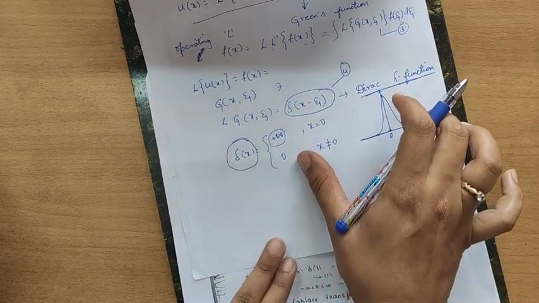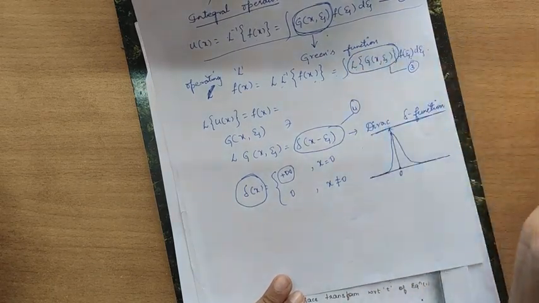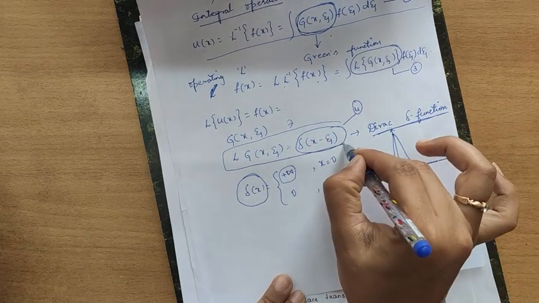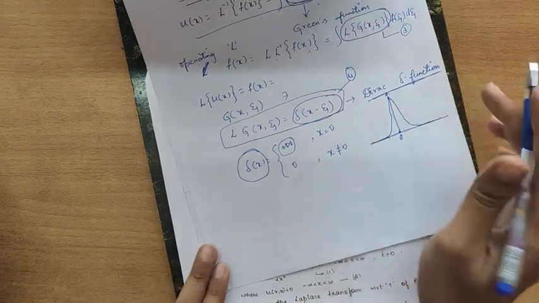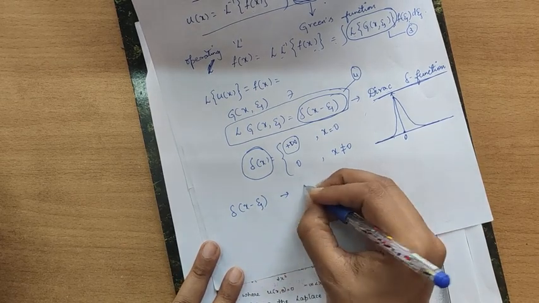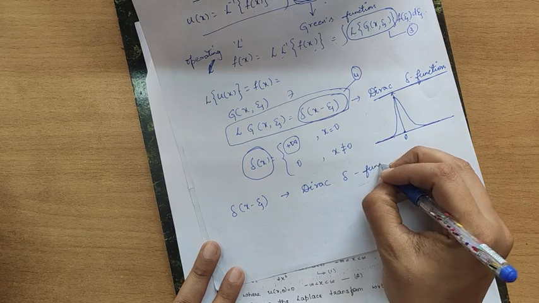So what this means, your L of g of x comma xi satisfies this property. That means your Dirac delta function's property. Here delta of x minus xi is called as Dirac delta function.